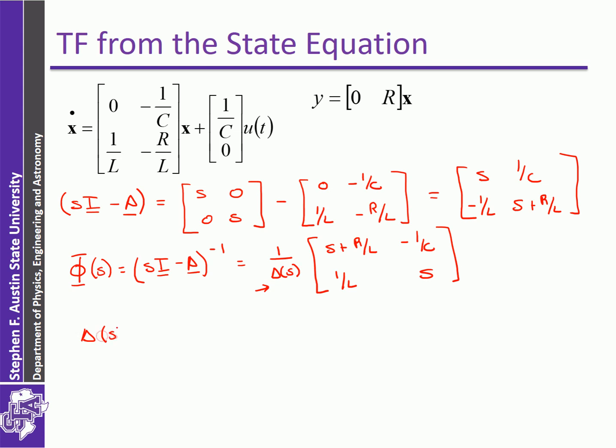So the determinant delta of S is equal to S squared plus R over L times S plus 1 over L times C.